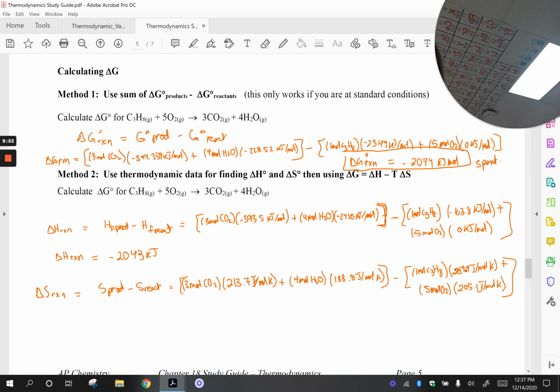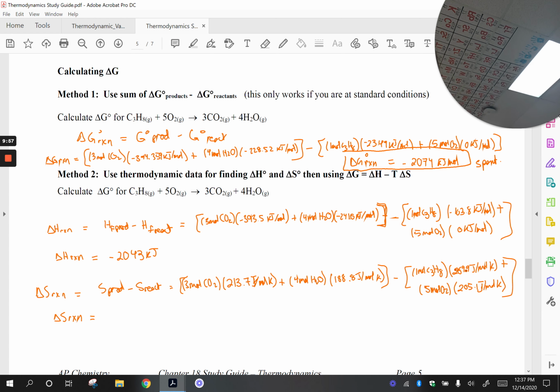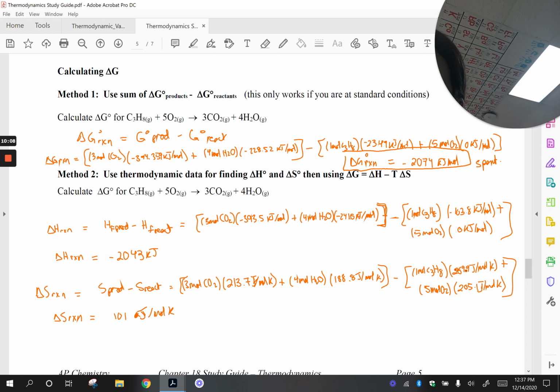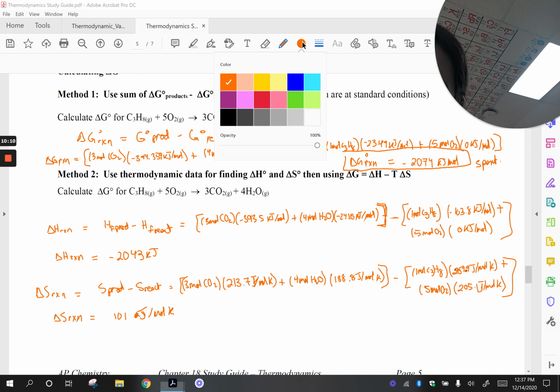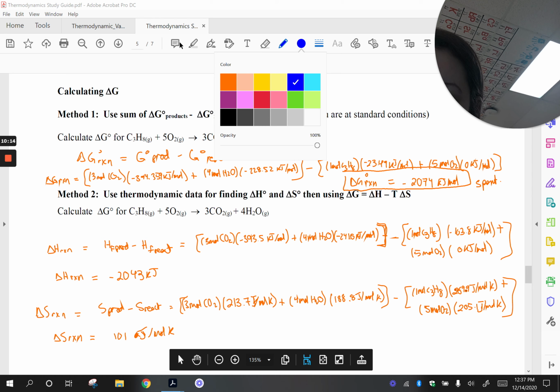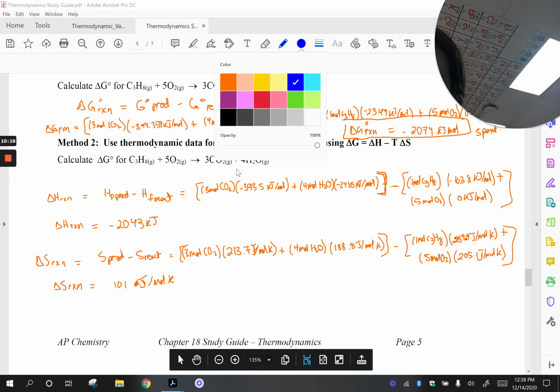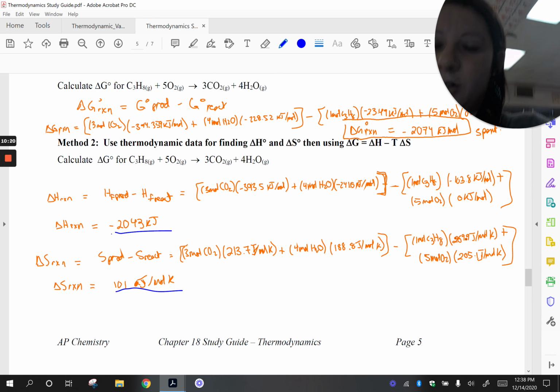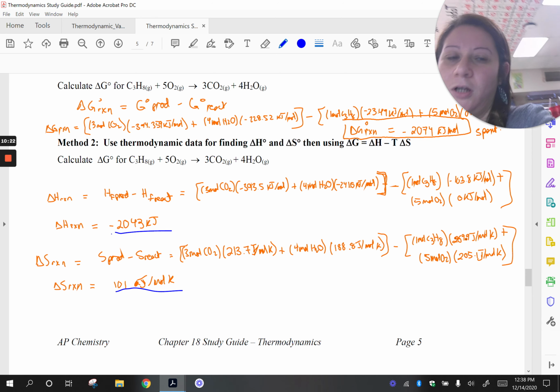I got delta S for my reaction to be 101 joules per mole Kelvin. And so then I'm going to calculate delta G. So either you're going to have to calculate those values by doing that, or they might be given to you in the question.